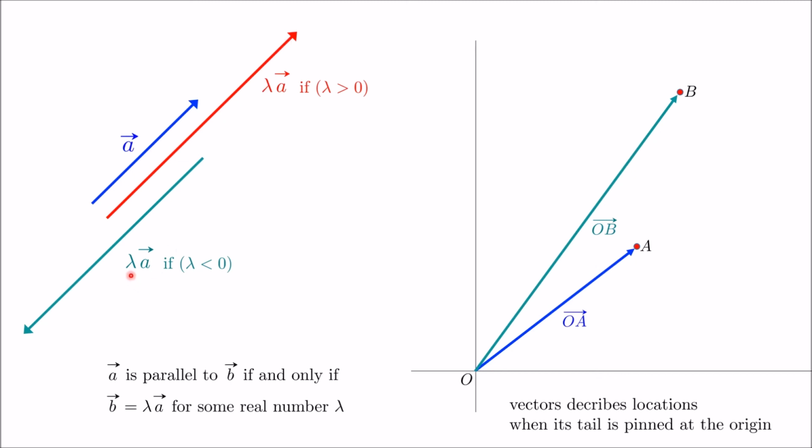And if that number is negative, we still scale by the absolute value of this thing, but reverse the direction of the vector itself. And this notion gives rise to the definition of what it means for two vectors to be parallel. And lastly, we looked into using vectors as position vectors. So vectors can describe positions, but only when we take the tail and pin it down into the origin.